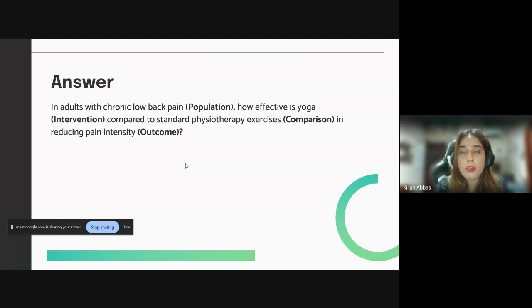And you can even further refine it by specifying the type of intervention they are being given. There are different types of standard physiotherapy exercises, so maybe refine it further, right? But this is a pretty clear, pretty obvious sort of question at this point, and this will definitely answer your question of which intervention is better than the other. Okay.